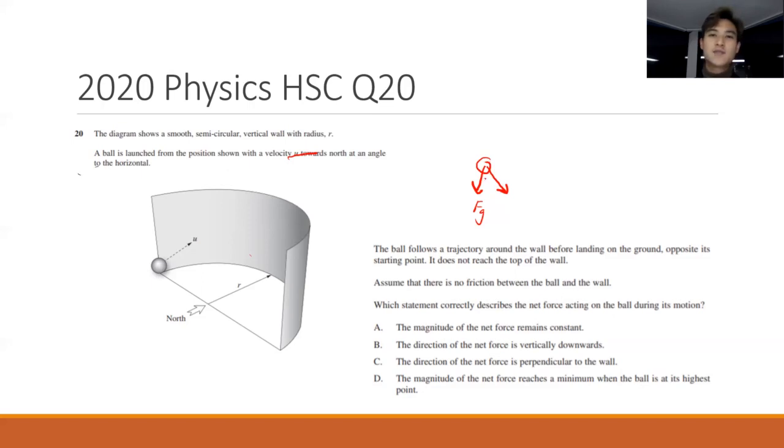In this case, this contact force, or let's call it the normal force, is constantly changing directions based on the surface of our vertical wall, except relative to our Fg, no matter where the ball is, it is going to be 90 degrees to our gravitational force.